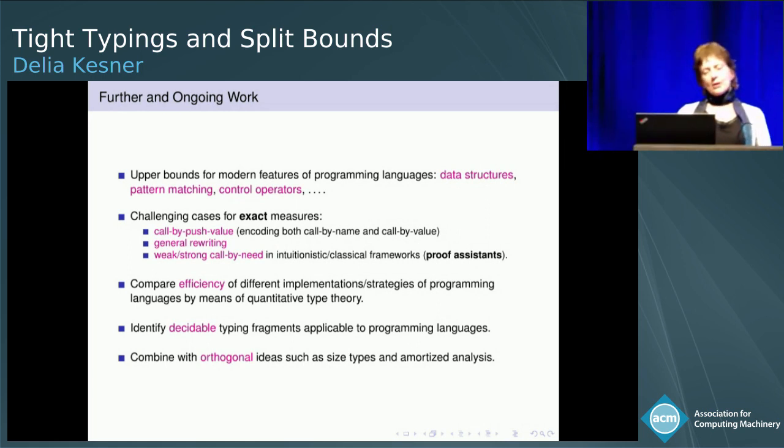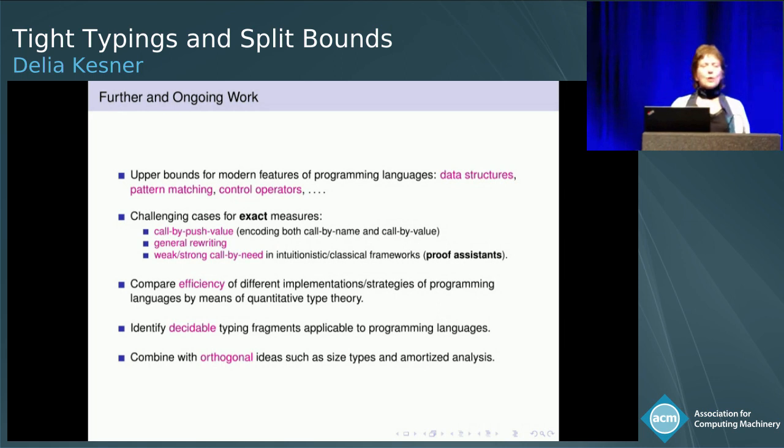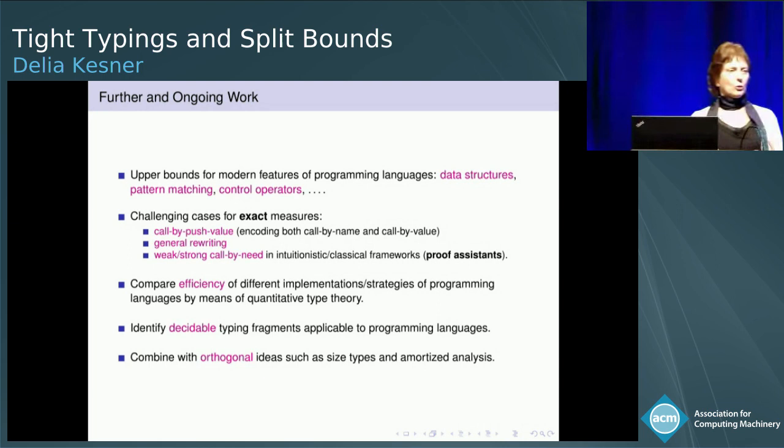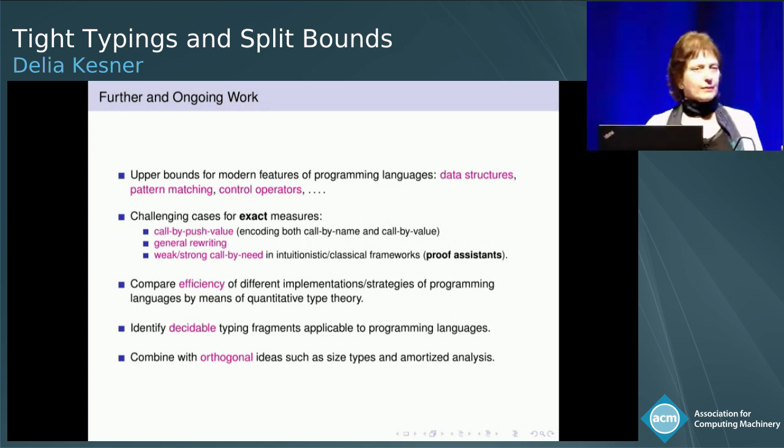Another challenging case is call by push value, because usually call by push value is able to encode call by name and call by value. But when you apply these techniques to call by name and call by value, you usually use different typing systems to deal with them.